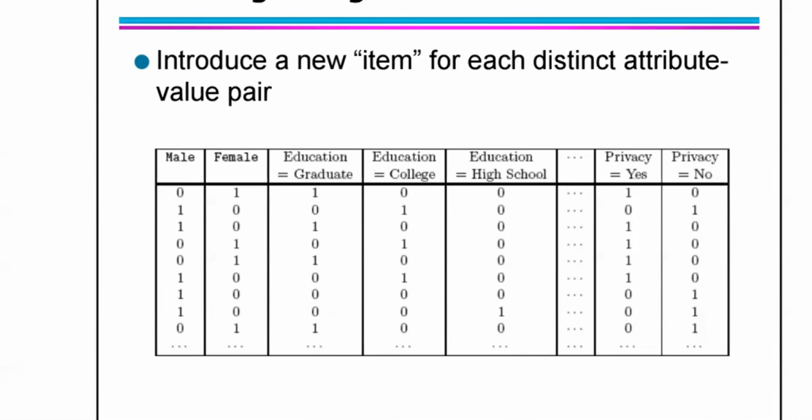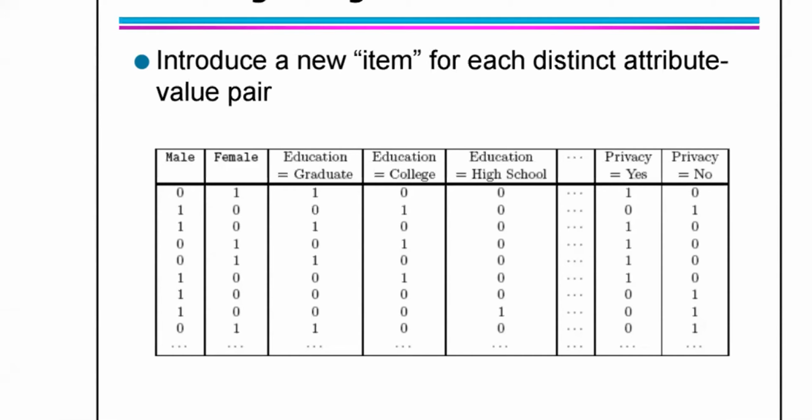Categorical attributes can also be represented with symmetric binary attributes. I want to convert the entire data into symmetric attributes. First is gender, which we represent with only two values, male or female, and whichever applies is represented with 1.